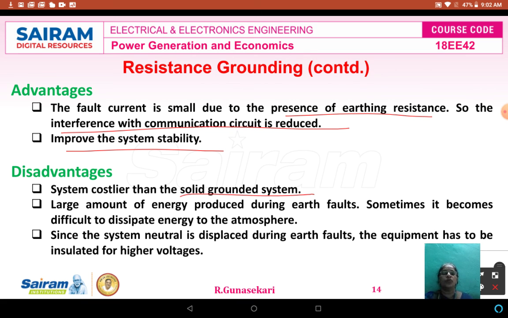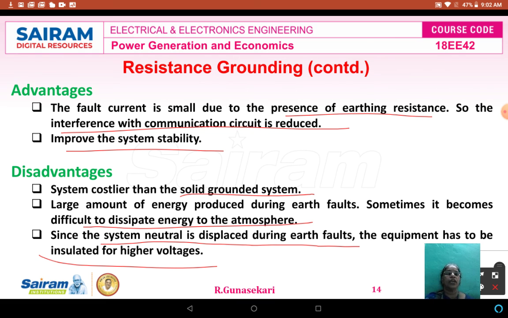A large amount of energy is produced during earth fault, so it becomes difficult to dissipate the energy to the atmosphere. Suppose the system neutral is displaced during earth fault; the equipment has to be insulated for higher voltage. This is another disadvantage of resistance grounding.